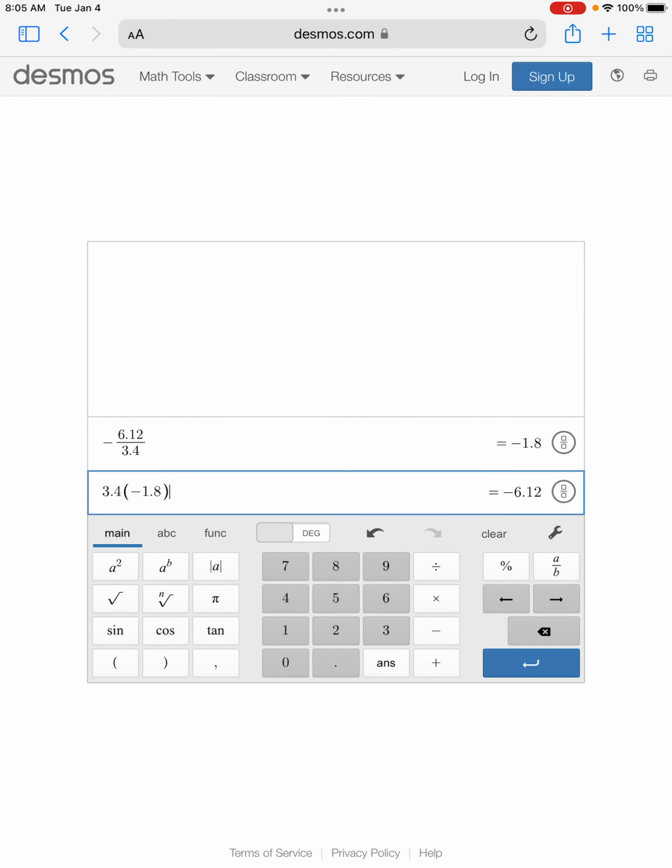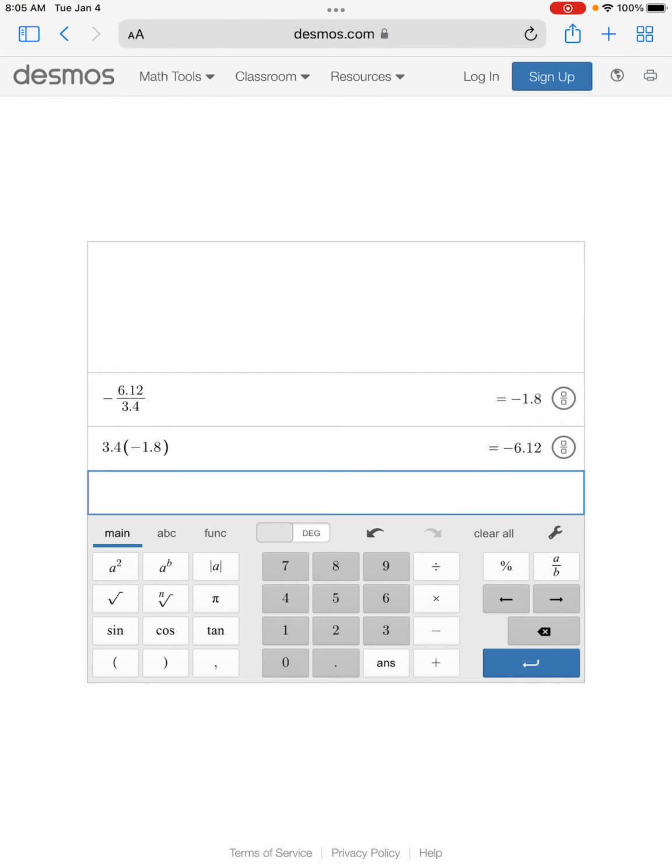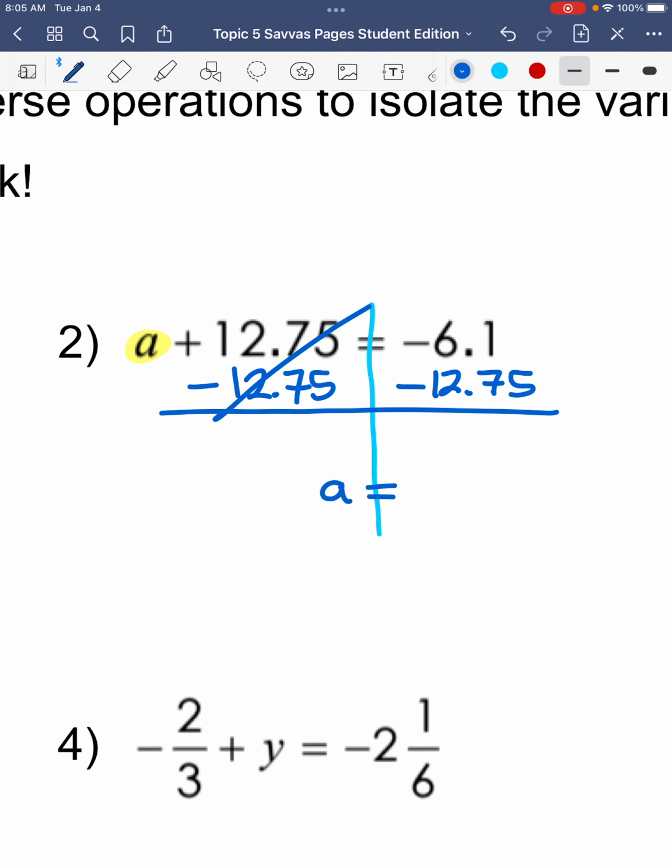So we're going to go to our calculator. We have negative 6.1 minus 12.75, and we get negative 18.85. So go back to our notes. Negative 18.85 is our solution.